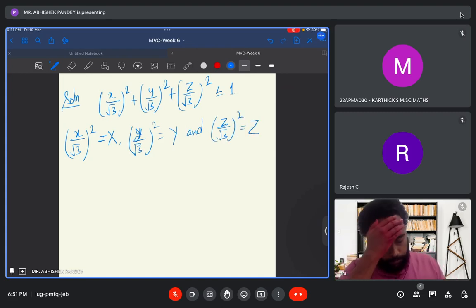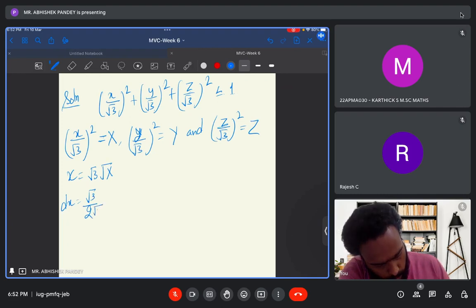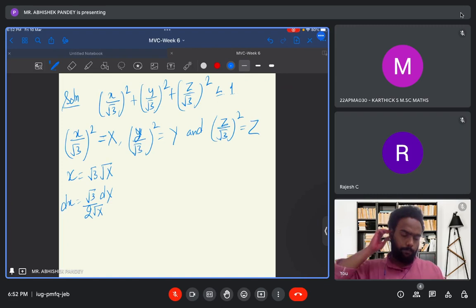Okay, so here your x is root over 3 into root over x, so dx is nothing but root over 3 by 2 root over x dx. I hope this is clear.